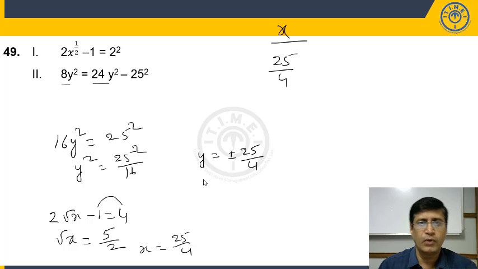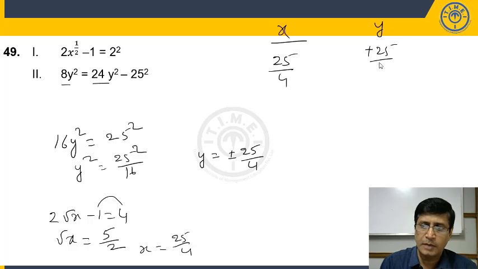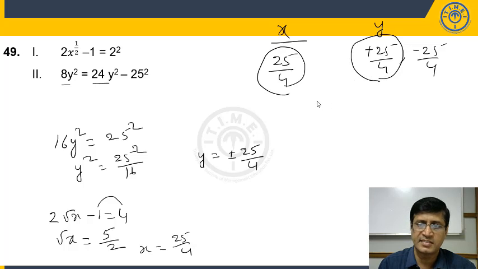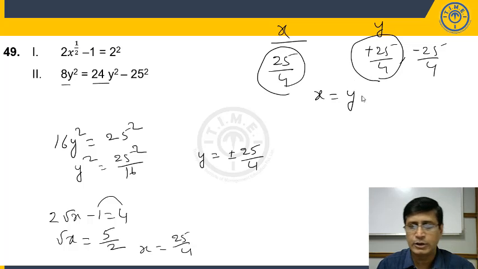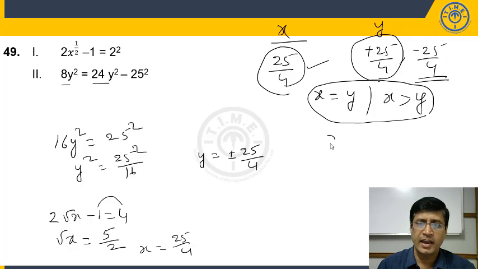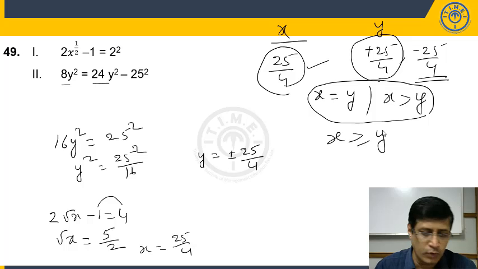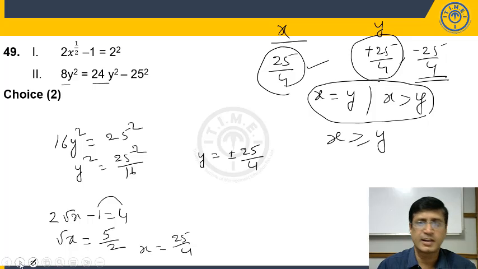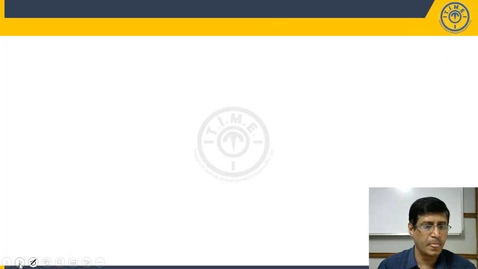So the value of y is plus or minus 25 by 4, so plus 25 by 4 and minus 25 by 4. Now plus 25 by 4 and plus 25 by 4 are the same, so x and y are equal. And the other side is negative, so x is greater than y. Combining these two, x is greater than or equal to y. The right choice is option number 2. Second choice is the right answer.